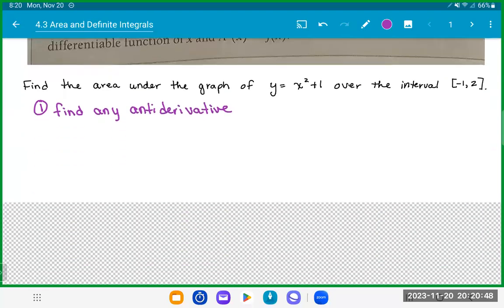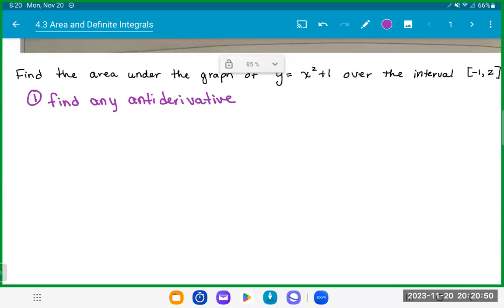Okay. So when we find any antiderivative for our function, that capital F of x, if we want to choose the simplest one, the antiderivative of x squared plus 1 is x cubed over 3 plus x.